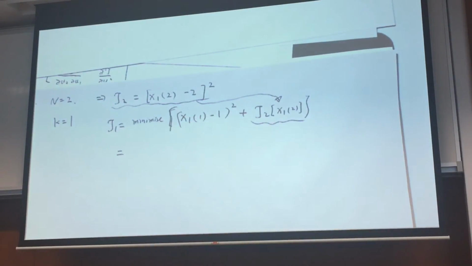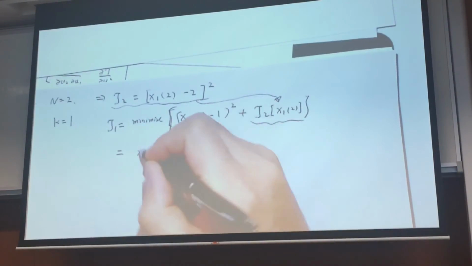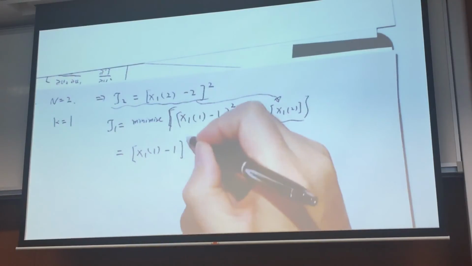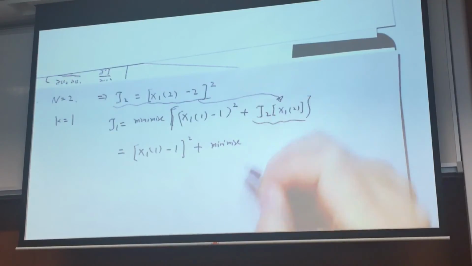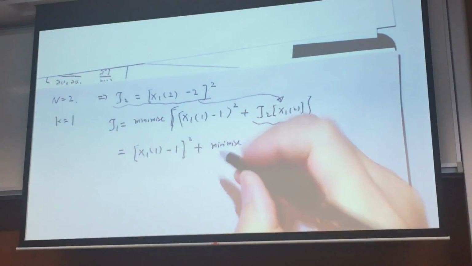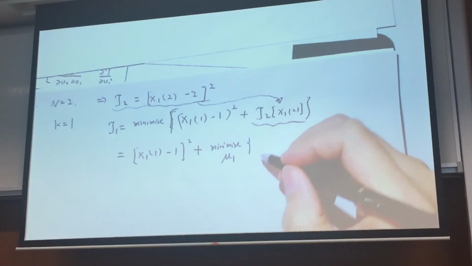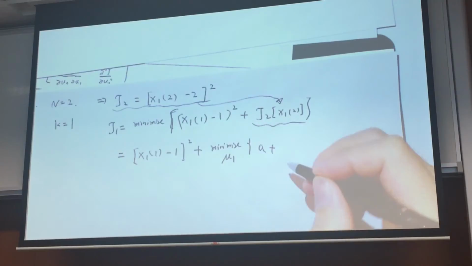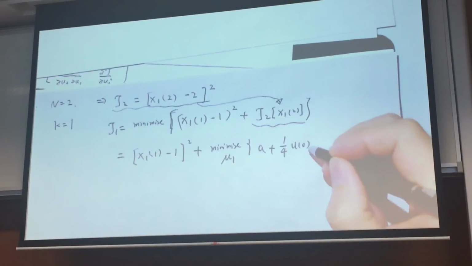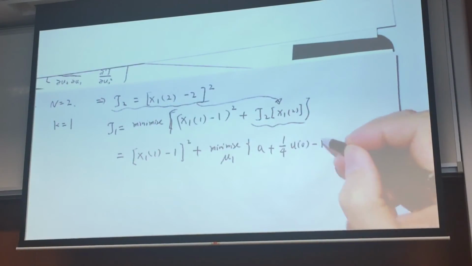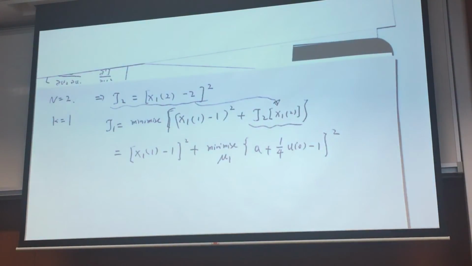If you do this, it's given by (x1(1) minus 1) squared, plus the minimum in terms of the control policy mu1 of a plus a quarter times (u0 minus 1) squared.